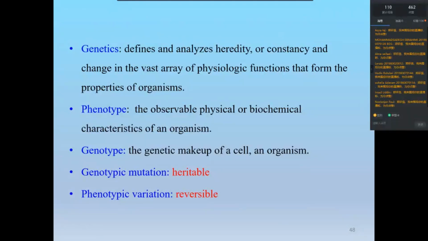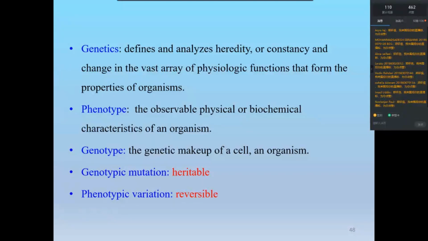Another change we call phenotypic variation. Phenotypic variation means that the phenotype changed, so the phenotype is different from its previous state. And this happens because of the influence of other factors, but not on its DNA level.